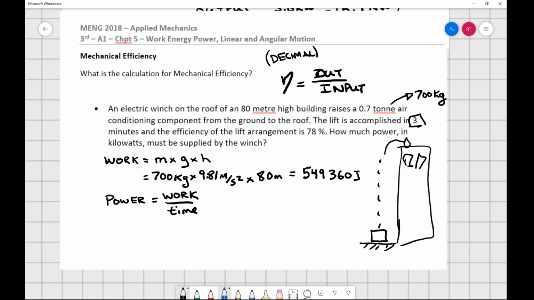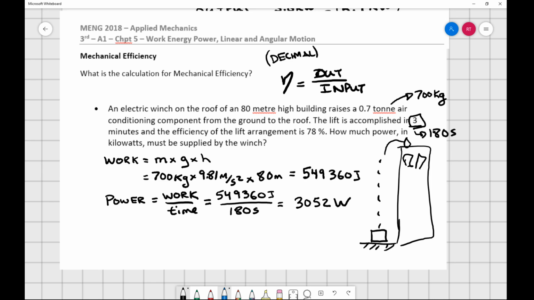I have 3 minutes, so 180 seconds. 549,360 joules per 180 seconds is equal to 3052 watts. So that would be how much power would be required if my winch was 100% efficient.